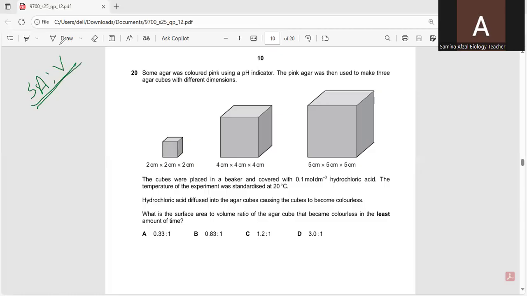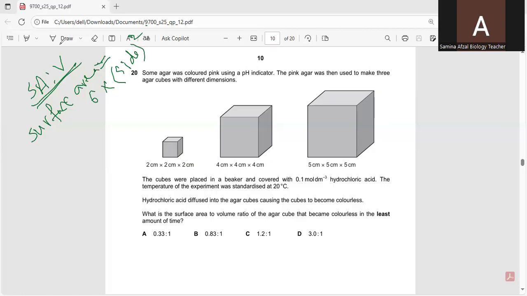So the surface area of a cube is equal to 6 into the square of the side, as 6 is the number of faces of a cube. We will take this surface area, and then we will calculate the volume.